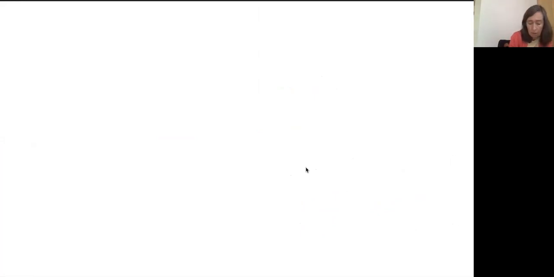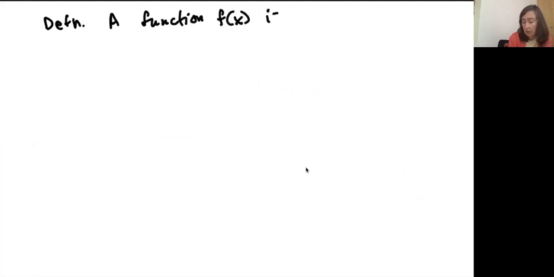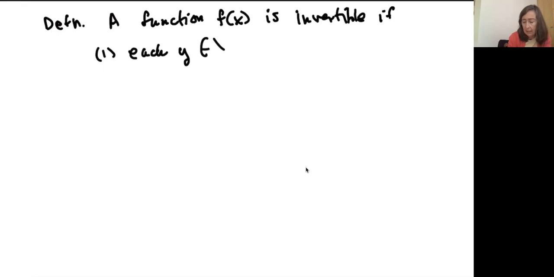Okay, so let's do the definition of what it means to be invertible here. A function f of x is invertible if, again, two things. One, each y in the range of the original function. So each y, little letter indicating that's a number.